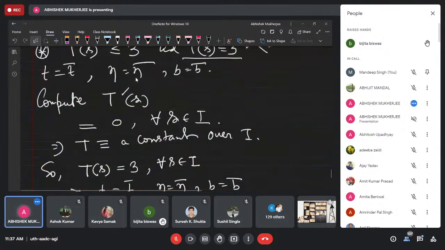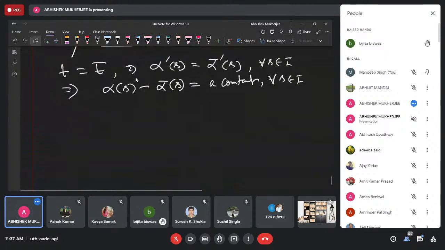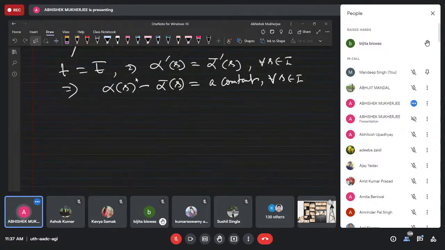But again, we have already assumed above that at the point S naught, by means of the rigid motion, alpha S naught is alpha bar S naught, right?